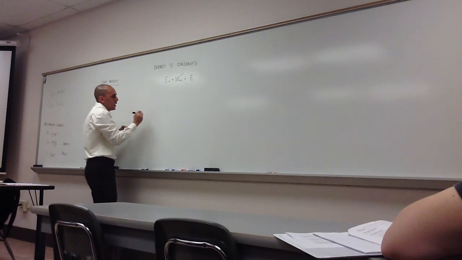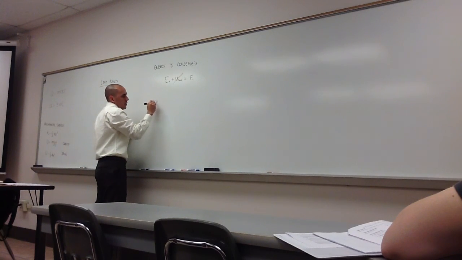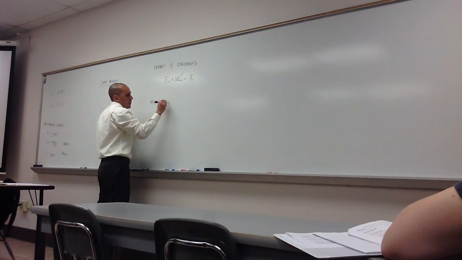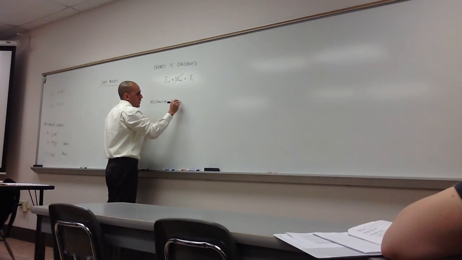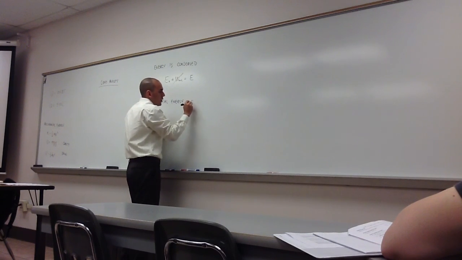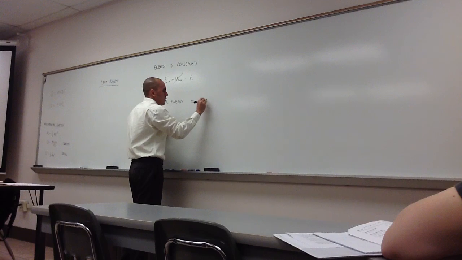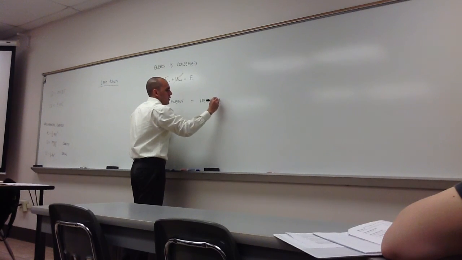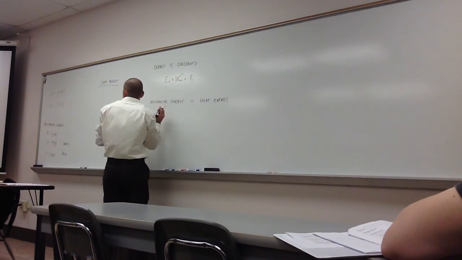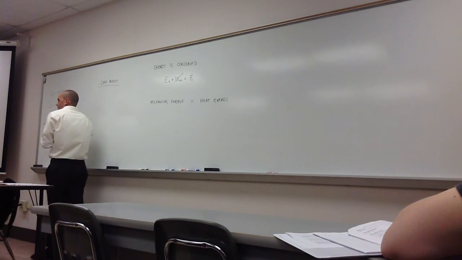Basically what we're doing is taking mechanical energy and saying it's going to be equal to heat energy, because we're just going to be converting from one form to the other here.